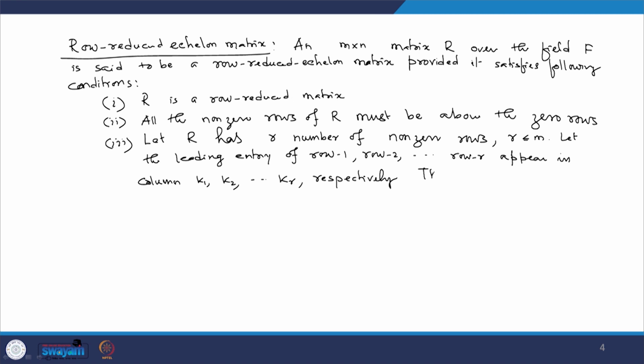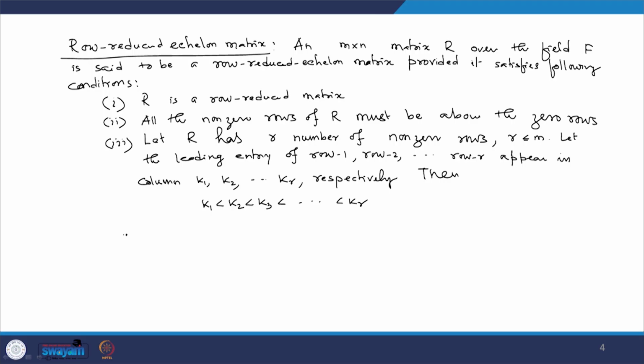Then K1 is less than K2, less than K3, less than Kr. So, an M cross N matrix R is said to be a row reduced echelon matrix provided it satisfies these three conditions.